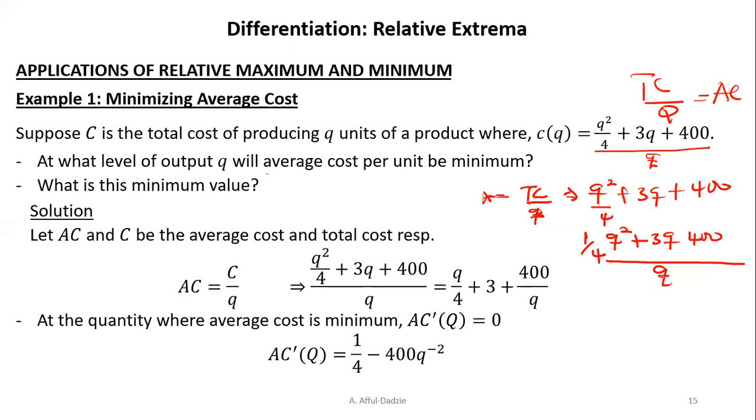So here, if you divide by Q, this Q can cancel one of this because this is squared, and this Q again can cancel this. However, here it still remains like that.